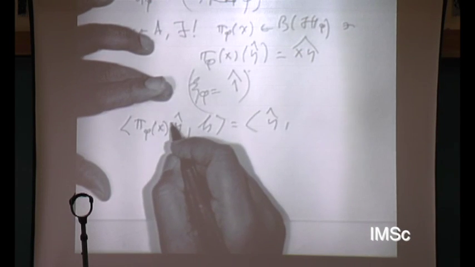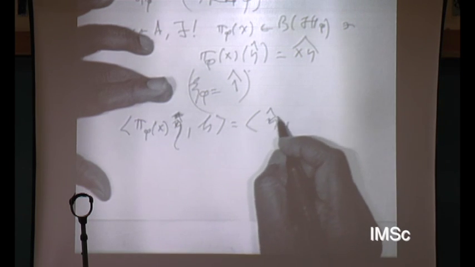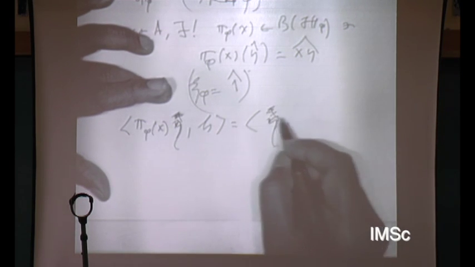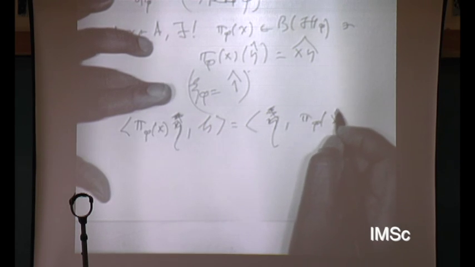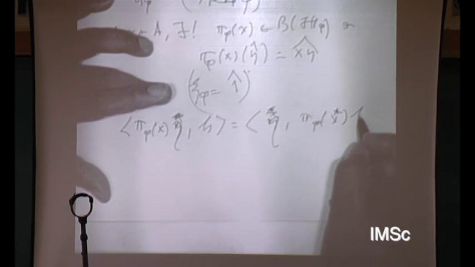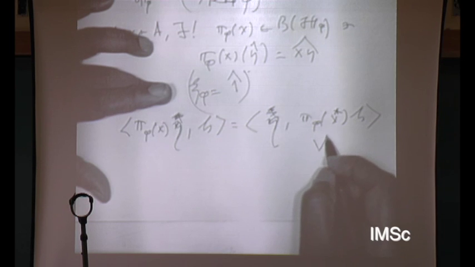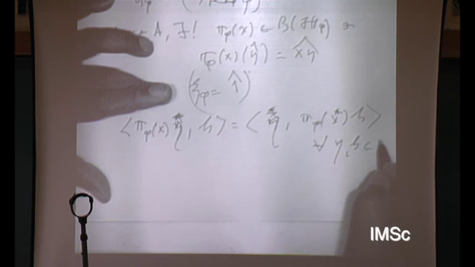No, I should prove that the inner product of pi phi x eta with zeta equals the inner product of eta with pi phi of x star zeta, for all eta, zeta in H.